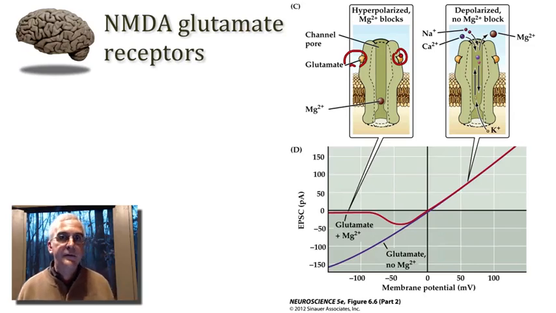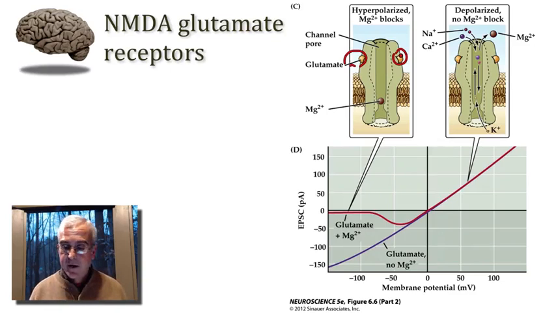I mentioned that glycine is a cotransmitter in the central nervous system. There's a binding site on these subunits for glycine. So in order for the channel pore to open, both glutamate and glycine have to interact with their receptors on this channel complex. But there are other binding sites as well. In particular, there is a site deep within the pore of this channel where magnesium ions can aggregate.